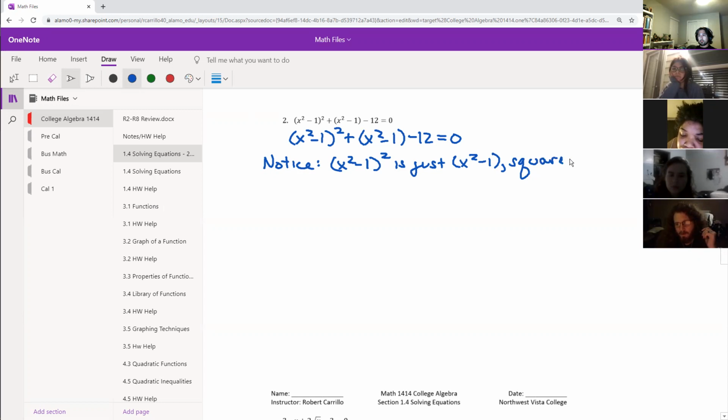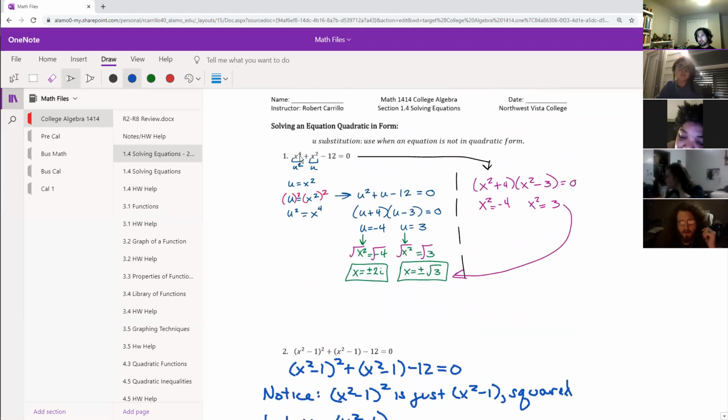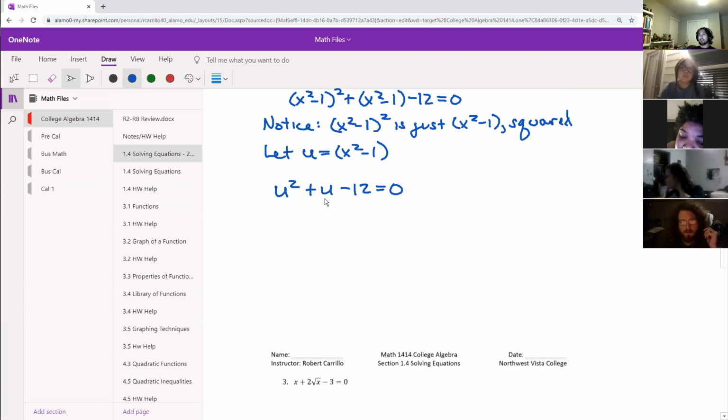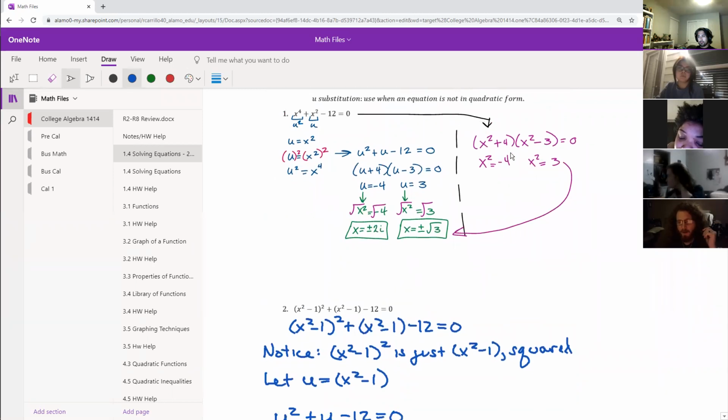Isn't that convenient? So we will say let u equal x squared minus 1. Then we get u squared plus u minus 12 equals 0. And what you'll notice from above, roll back up here, we just did this problem. So we can go through all this work again to factor it down the same way.